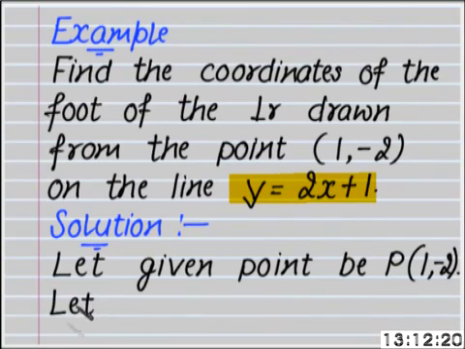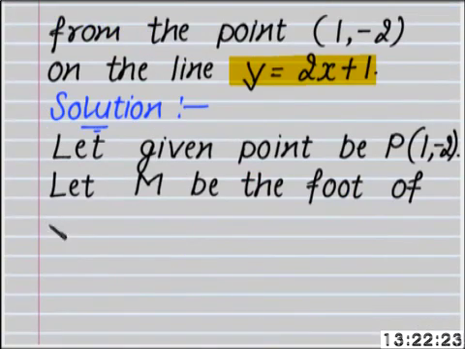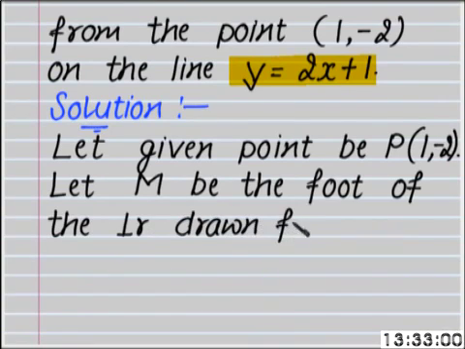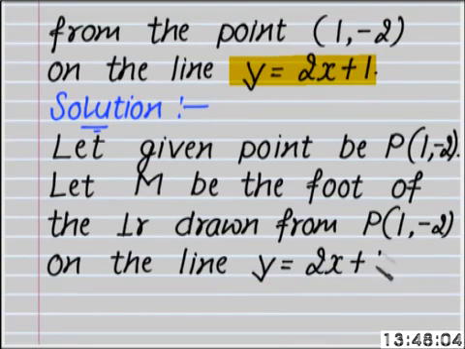Let M be the foot of the perpendicular drawn from point P with coordinates 1, minus 2 on the line with equation y equal to 2x plus 1.